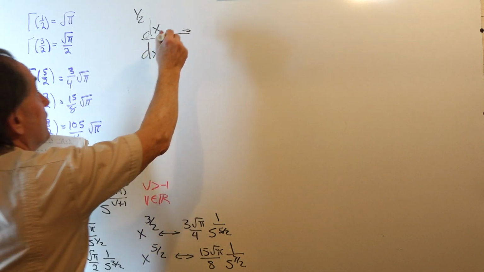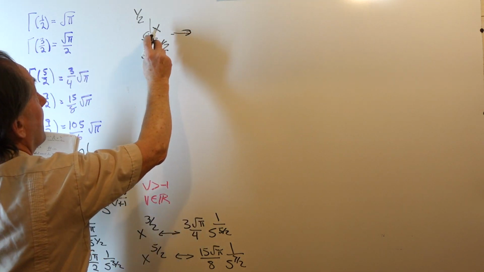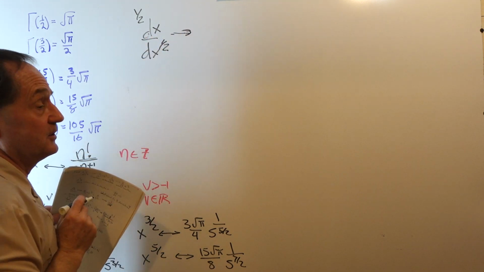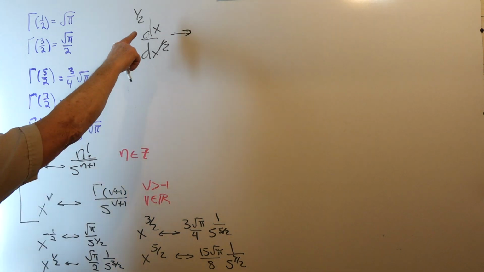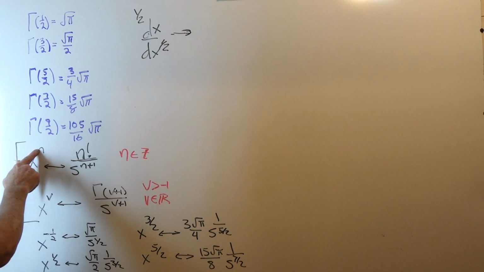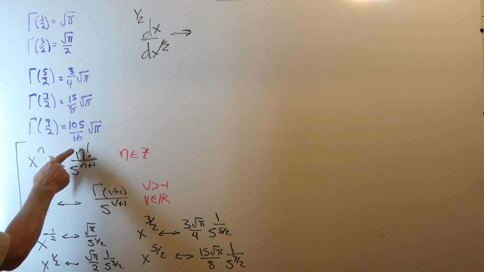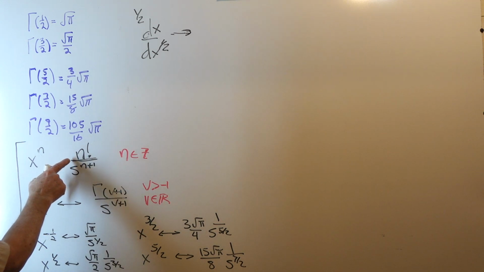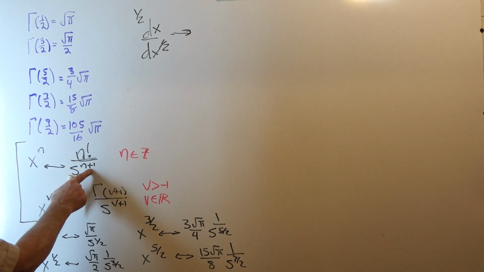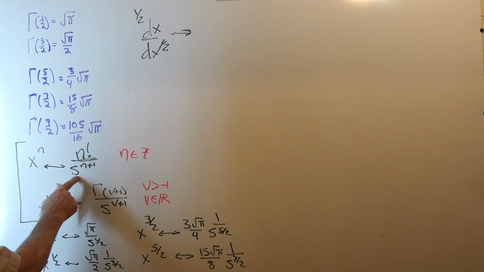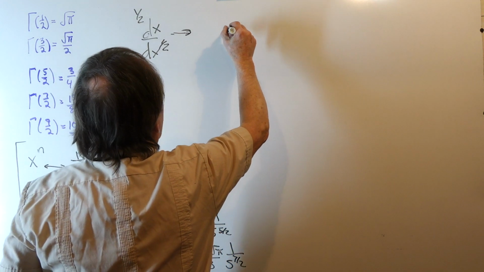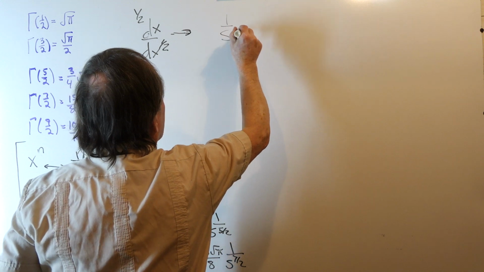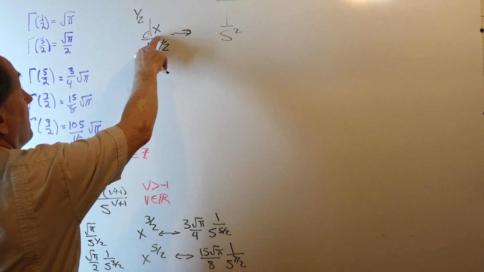Well, first thing we do is we transform our function x into the Laplace space. Well, x is to the first power. So x to the first power just becomes 1 factorial over s to the n plus 1. N is 1, so it's 1 over s squared. So x becomes 1 over s squared. That's the transform of x.